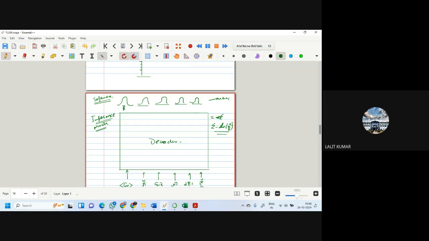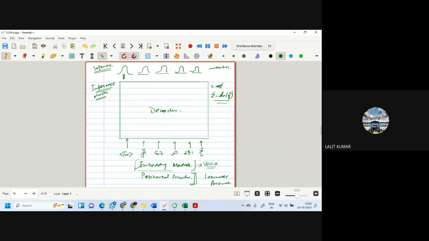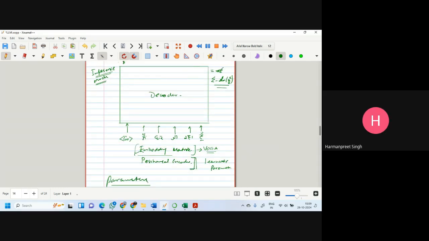That might be 0.3 also, 0.2 also, but it is the maximum. So you will take that word as the next input. This is from the index over vocab size. So your vocabulary is indexed, and wherever it has come highest, you will pick up that word. Okay, is that okay?